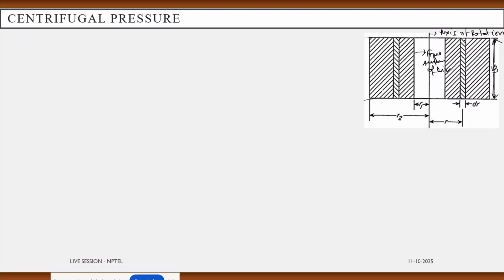We have taken an elemental form of liquid, a thin film of thickness dr, which is located at a distance r from the axis of rotation of the centrifuge.